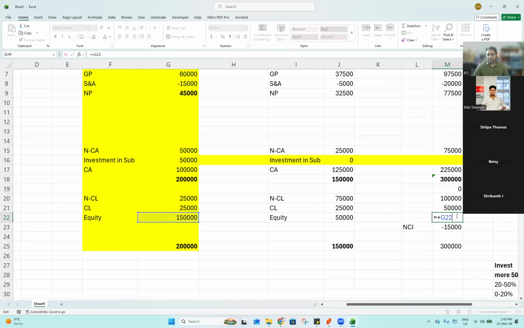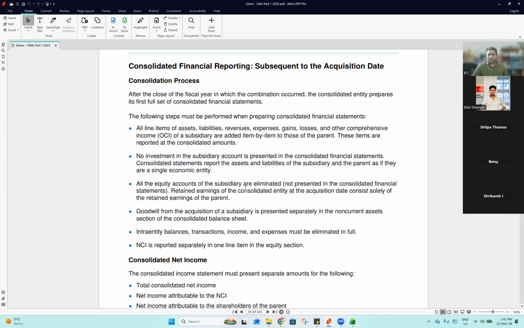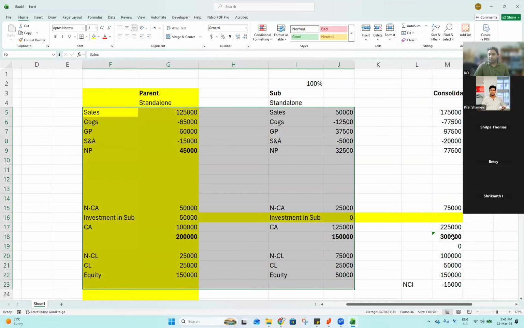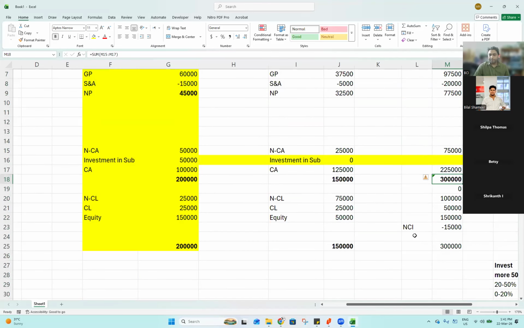We didn't take that. Then goodwill from the acquisition of the subsidiary is presented separately in the non-current assets section of the consolidated balance sheet. So in the consolidated balance sheet, we will have one item which was not there before. That's the goodwill. Clear?